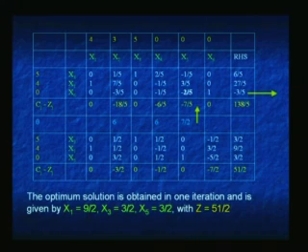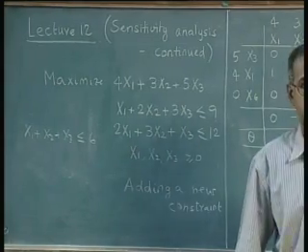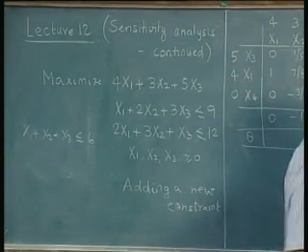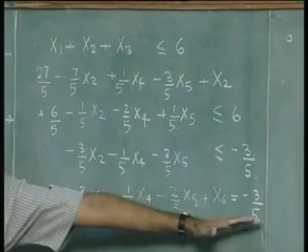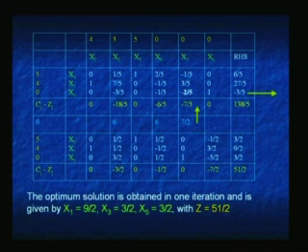Now, the first thing we did is verify that this constraint is violated by the present optimal solution. So we did all these computations and then wrote the new constraint. That is reflected here as an additional third constraint in the optimum table. It is also shown here.